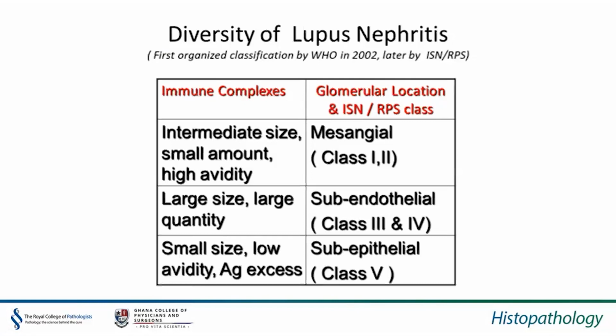If there is an antigen excess, the small size ones can pass through the fenestrated endothelium and lodge in the subepithelial space, and you can get class 5, membranous lupus nephritis.